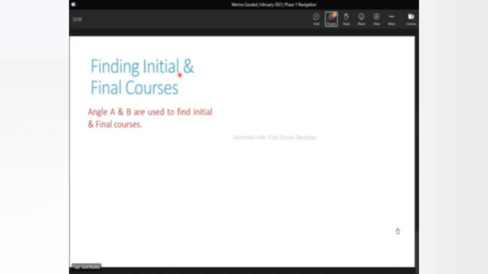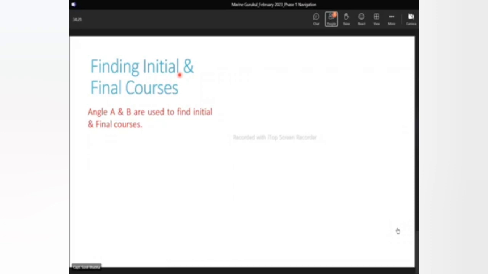Now the method which we are going to use here gives us the courses in 3-figure notation, or 360-degree notation, or true notation. We also use quadrantal notation for denoting the courses, but with this technique we are not going to get the courses in the quadrantal notation. We will get them in 3-figure notation.